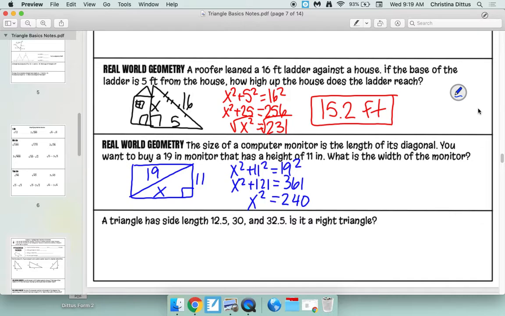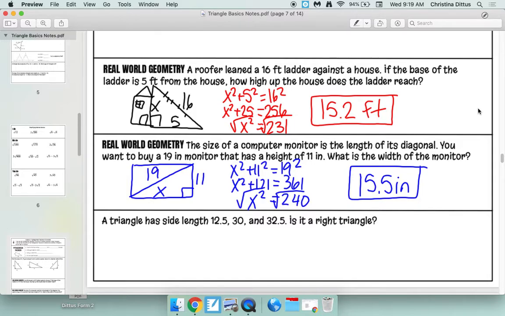Square root it. Give me one decimal spot: 15.5, and what's my label in this one? Nice. Alright. Questions on the real world stuff?